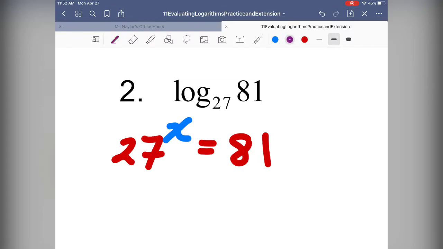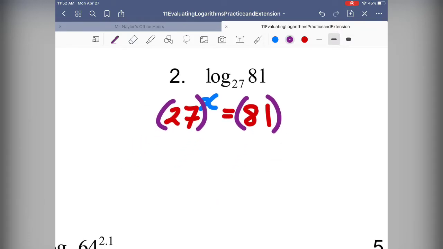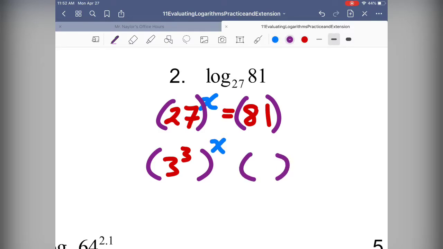You're expected to think about making 27 and 81 have a matching base. So what base are you picking? Are you picking 3? Because 3 to the third is equal to 27. And 3 to the fourth is equal to 81.